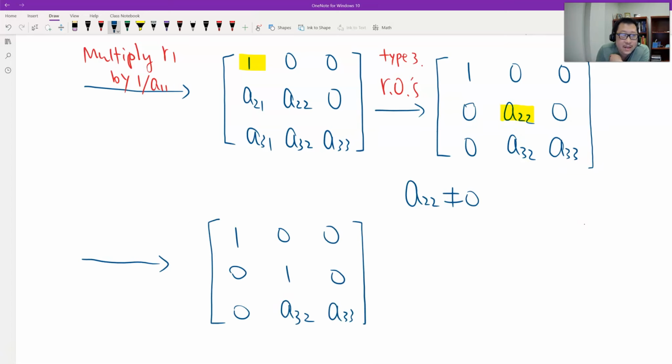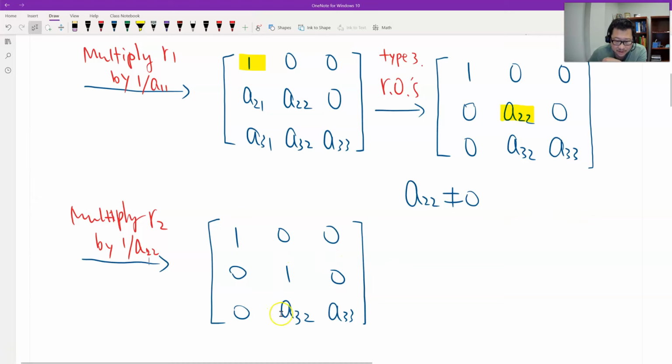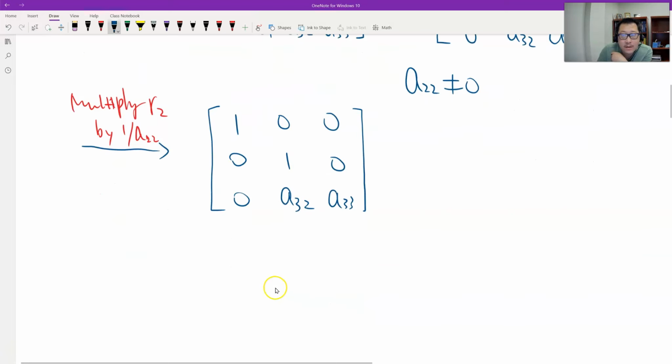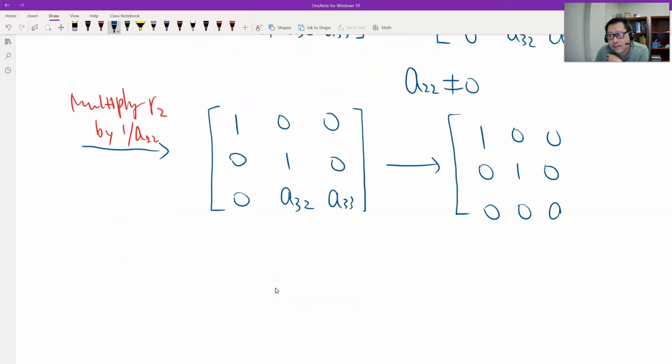So how did we get this? We multiply row 2 by this. Now we can make A32 into 0, again by the third type of row operation, right? Let me put it here.